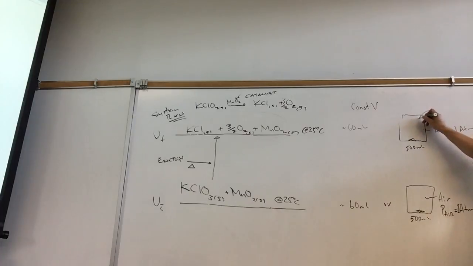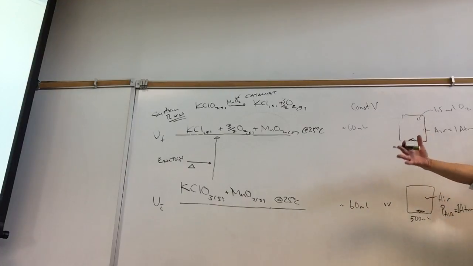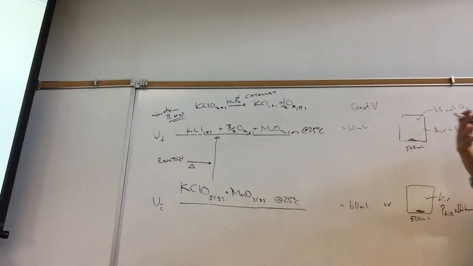But now we just added 1.5 moles of O2, and we've got to squeeze it down into a volume of 500 milliliters, which means the pressure is going to be pretty high. Take 38 liters of gas and compress it down to 500 milliliters, and the pressure is going to be very high. In other words, the pressure of the O2 is going to be very high.